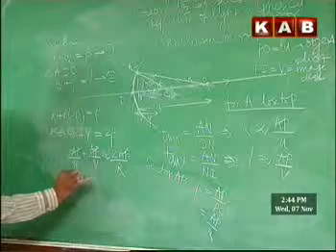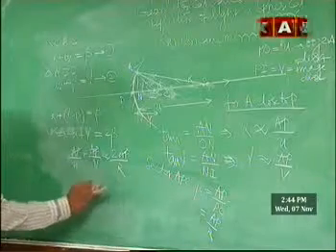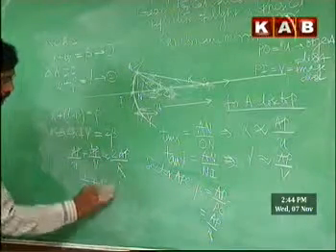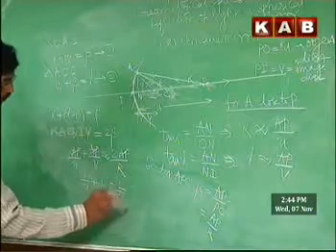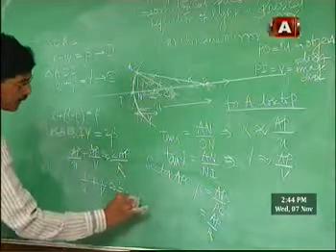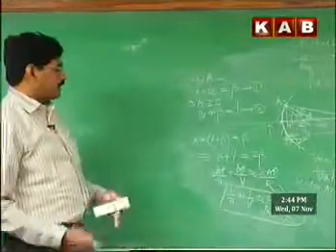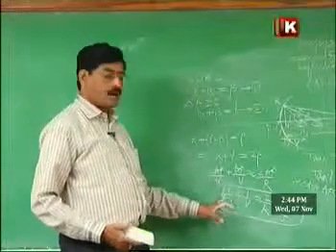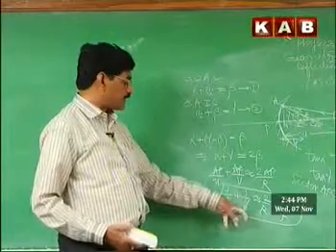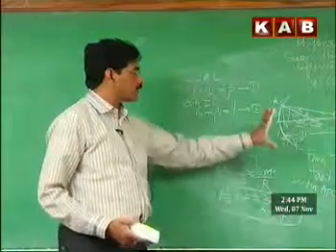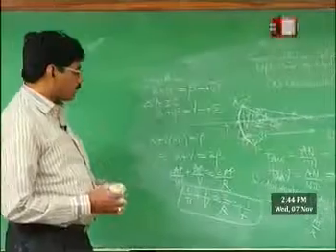Cancelling AP, we have 1 by U plus 1 by V approximately 2 by R, which is approximately 1 by F. This is the relation between object distance, image distance and focal length for a convex mirror.